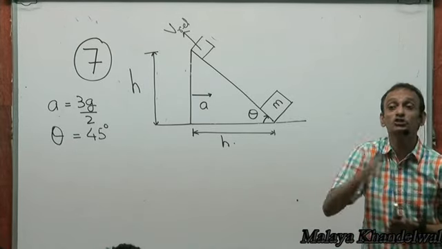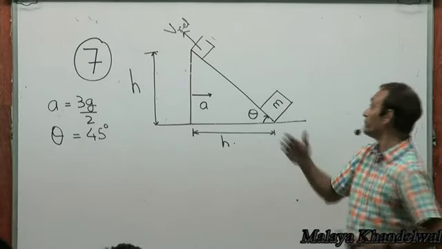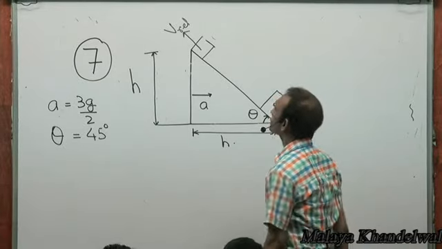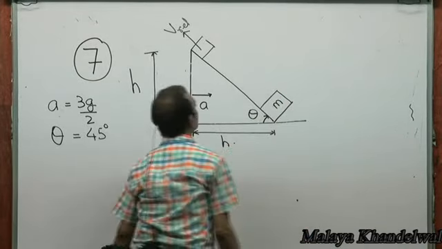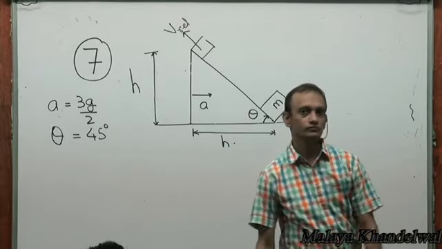Because if the relative velocity was perpendicular to the inclined plane, anywhere during this journey, it would have lost contact, right? Now, I want to be able to find vrel. Clear?